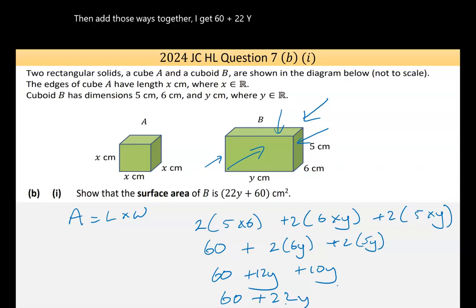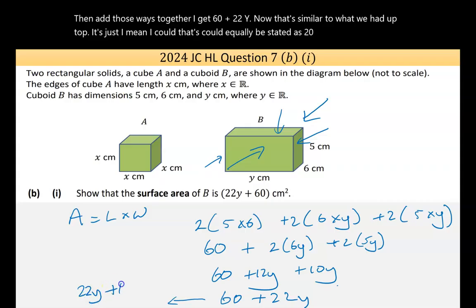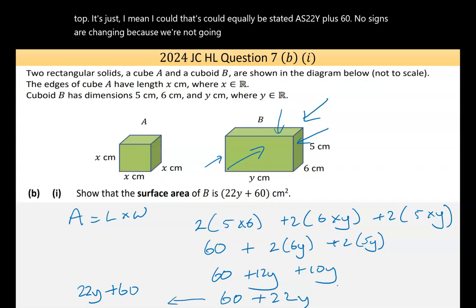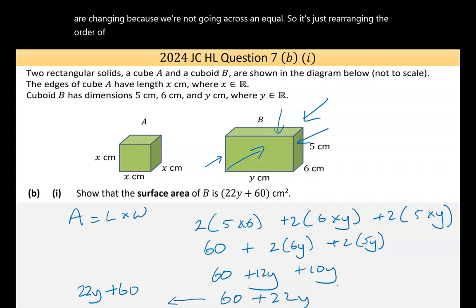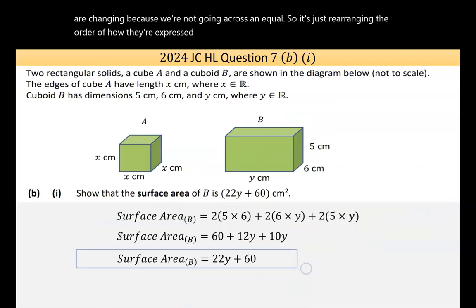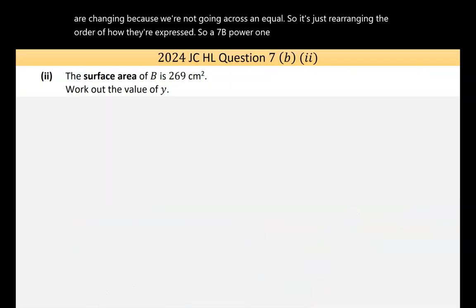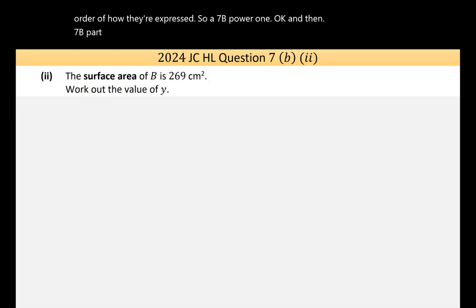Now that's similar to what we had up top. It could equally be stated as 22y plus 60. No signs are changing because we're not going across an equal, so it's just rearranging the order in which they're expressed. So that's 7b part 1.